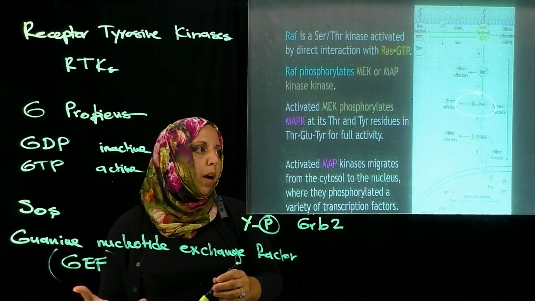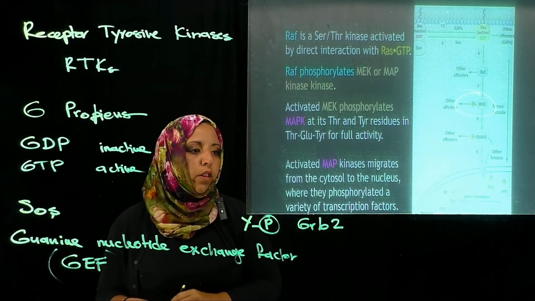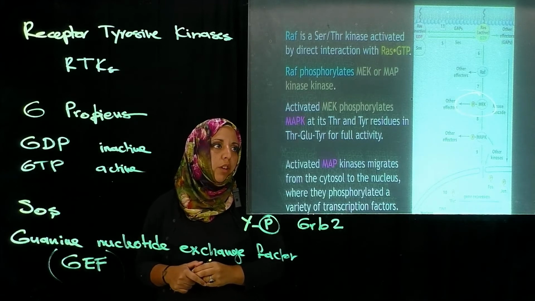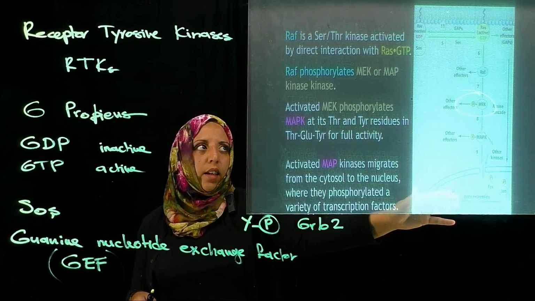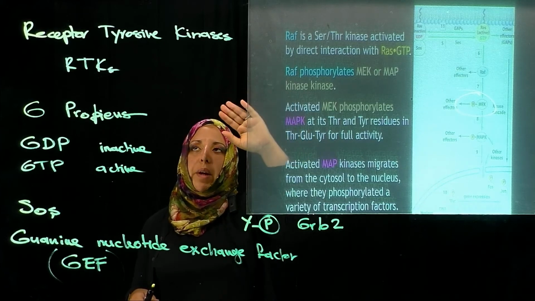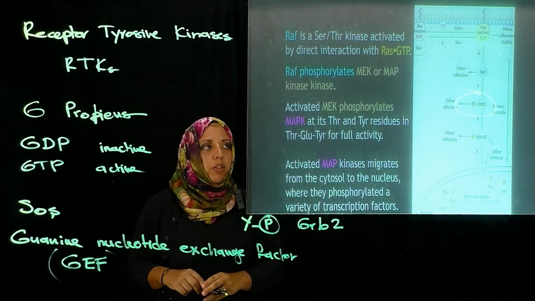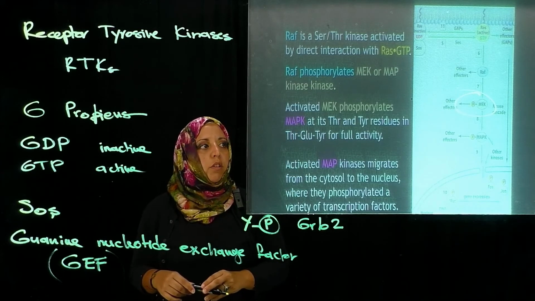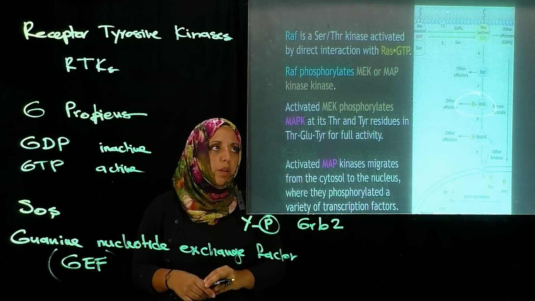Once MAPK is also activated, it can then migrate from the cytosol into the nucleus, where it will phosphorylate a number of transcription factors. So that's what we refer to as the kinase cascade. It was all triggered by that ligand or growth factor binding to the receptor tyrosine kinase. So there were a number of different interconnected signals that led to the kinase cascade that is associated with a number of different proteins.